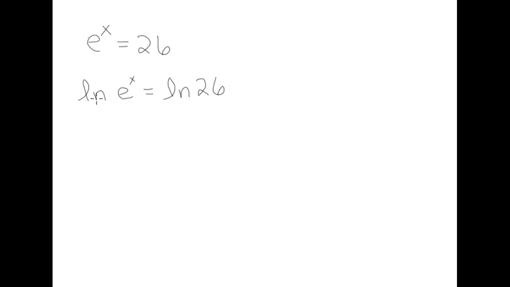So on the left-hand side here, the natural log and the exponentiation will cancel one another out, and you will be left with x is equal to the natural log of 26. So really all of the rules that we've been working on up to this point have been getting us to the place where we can solve this type of equation.